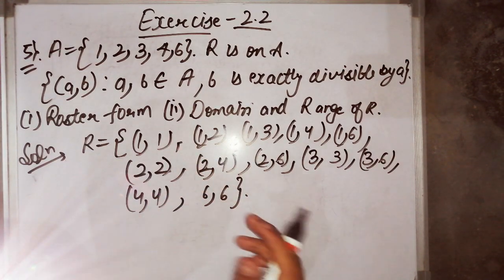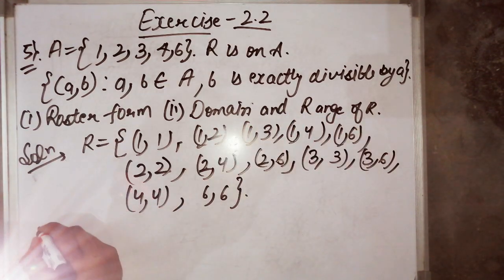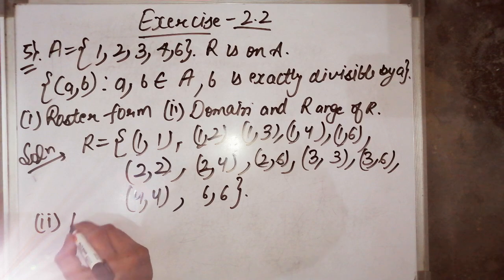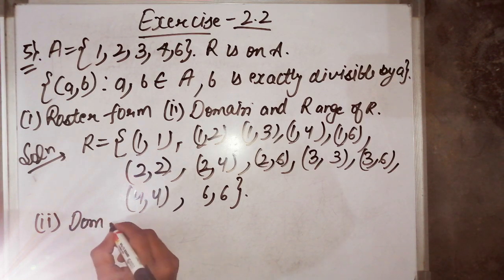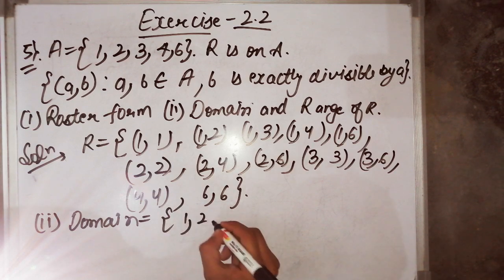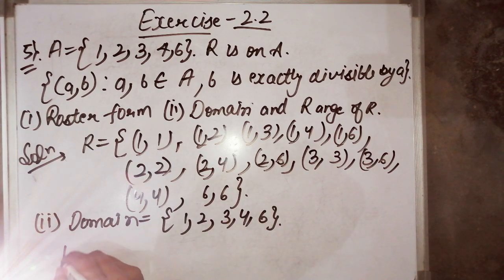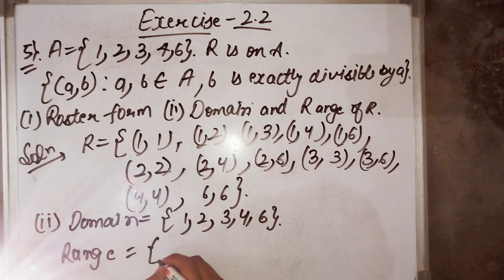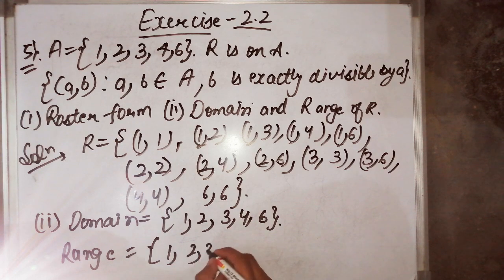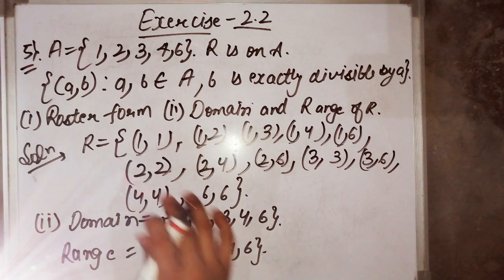And what else we need to find out is the domain and range of this set. Domain is 1 2 3 4 6, and range is also 1 2 3 4 6, because 1 2 3 4 6 and 1 2 3 4 6 are present here.